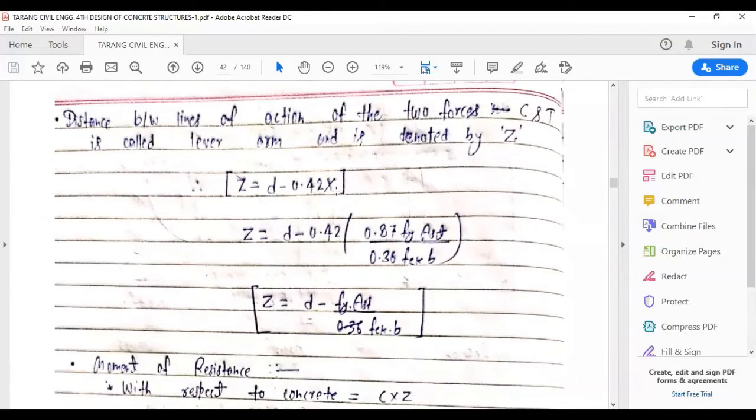अगर हम x में जो पिछली इक्वेशन से x का एक्सप्रेशन था 0.87 Fy into Ast upon 0.36 FCK B, ये हम यहाँ पे पुट कर देते हैं। तो जो z की वैल्यू है इन टर्म्स ऑफ Fy, Ast and FCK, हमें ये मिल जाती है, which means Z is equal to d minus Fy Ast divided by 0.36 FCK b.